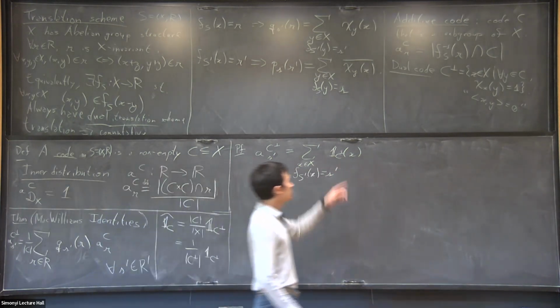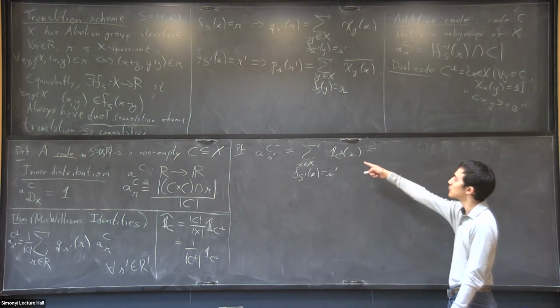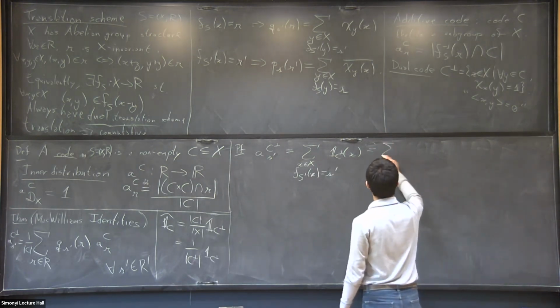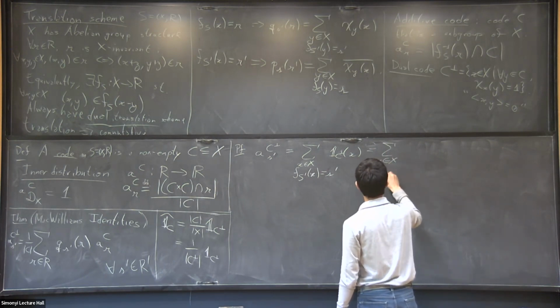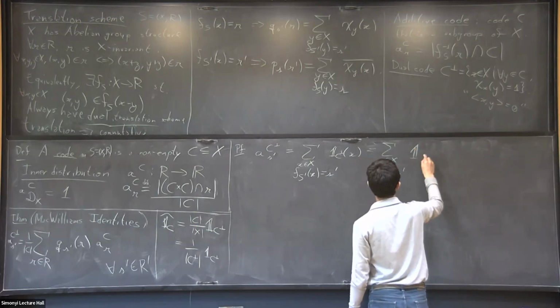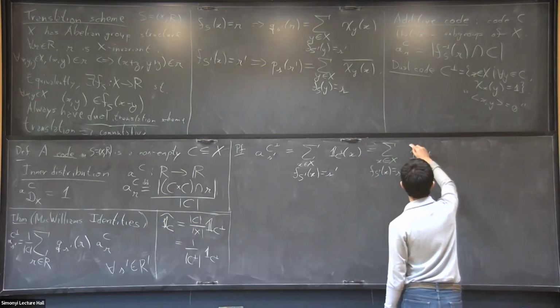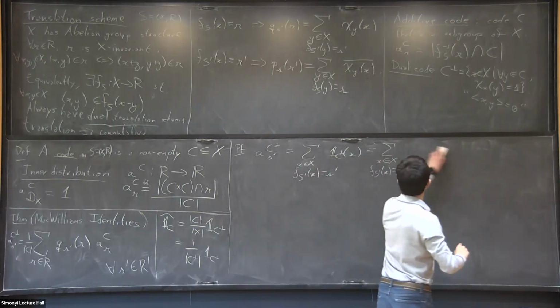Not much to do here, and you have a hint on the board. You should write this in the Fourier basis. So let's write this in the Fourier basis. Another sum.